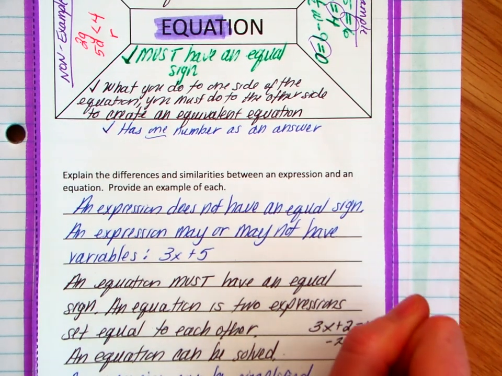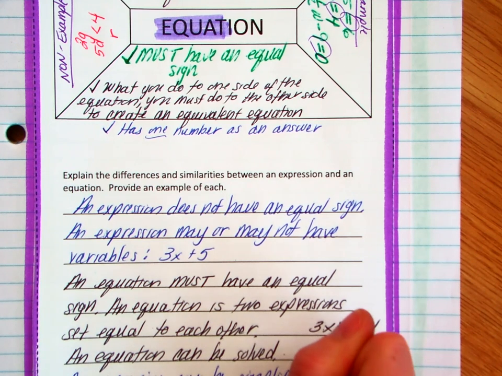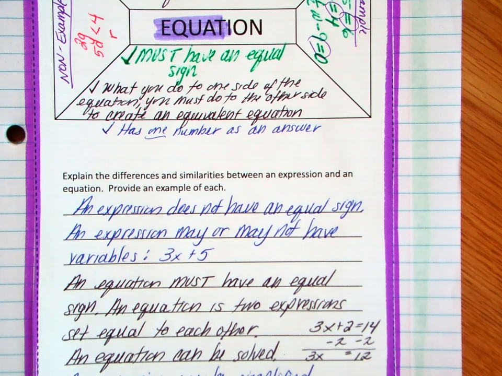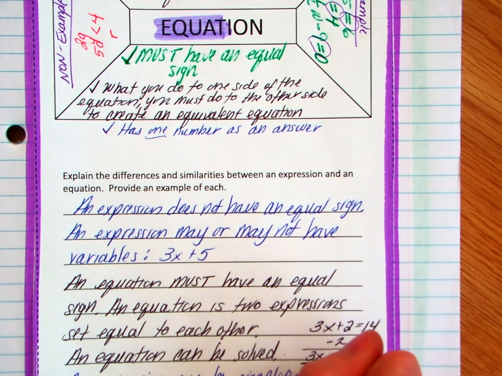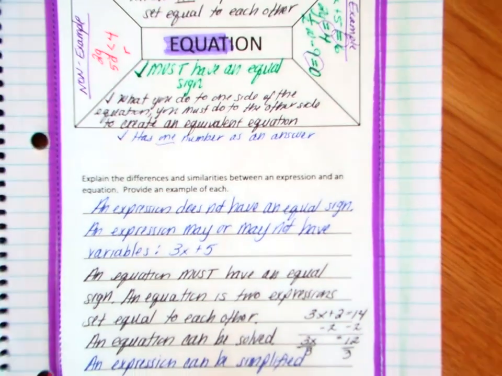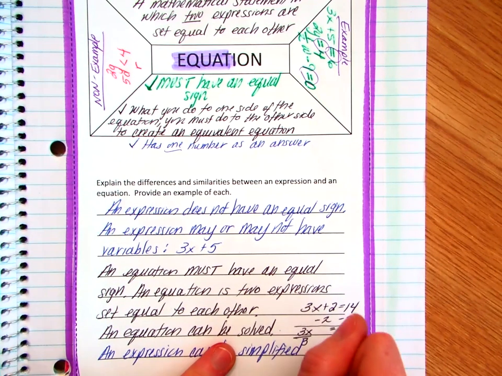I could subtract 2 from both sides, which would give me 3x equals 12. Then I could divide by 3 on both sides, which will isolate x, and x will be 4.